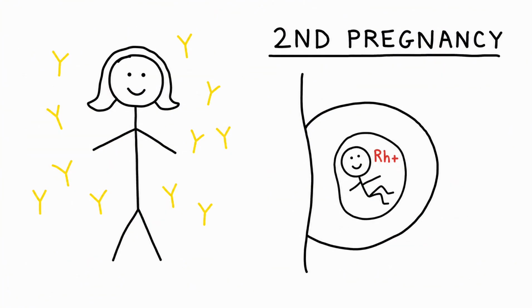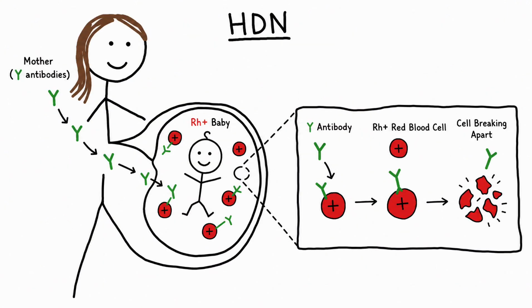The mother becomes sensitized and antibodies are formed against the Rh positive blood cells. If she has a second child and the next pregnancy is Rh positive, the mother's antibodies that have now formed will attack the fetus's red blood cells. That's what's known as hemolytic disease of the newborn.